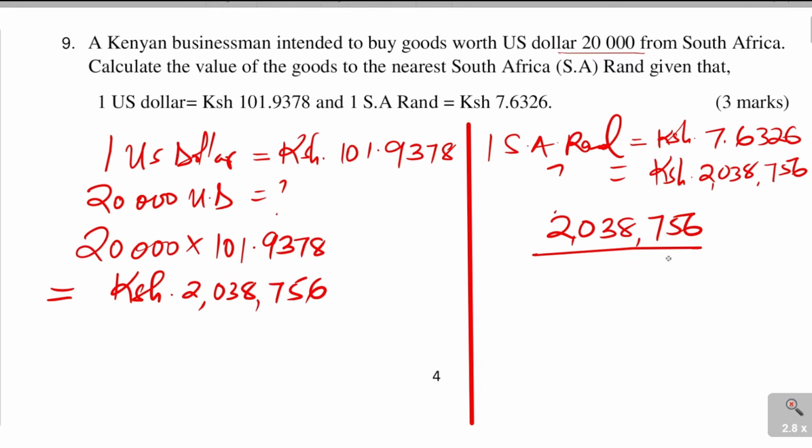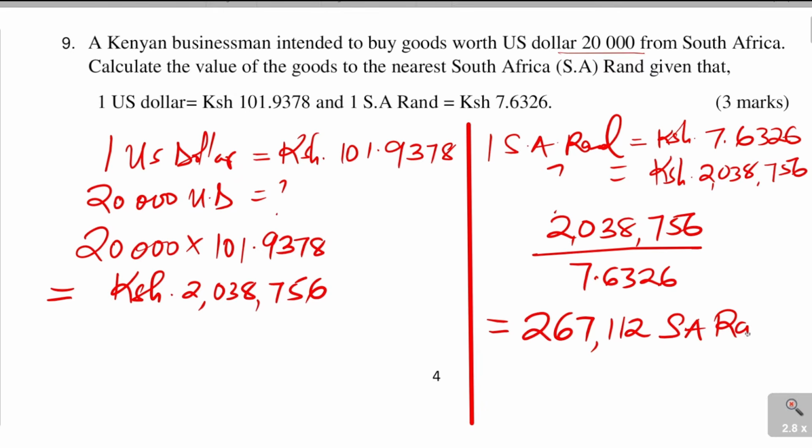We divide by 7.6326. And this is supposed to give this one to the nearest South African rand. So once you work out your calculator, you'll get 267,112. That is the nearest South African rand. So this is South African rands. So that is how you're supposed to solve that.